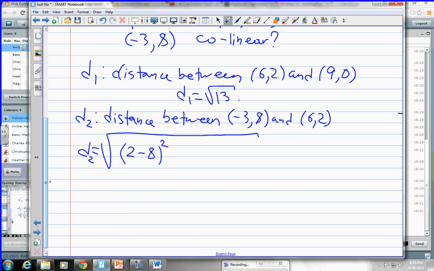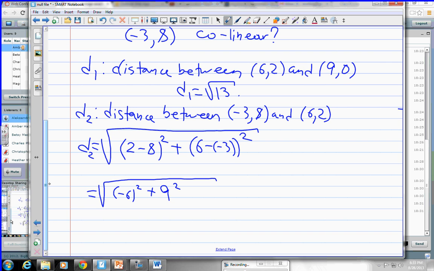And same thing with the x values, so that's 6 minus negative 3 squared. So negative 6 squared plus 6 minus negative 3, which is 9, 9 squared. Is that right? Yeah. So square root of 36 plus 81.